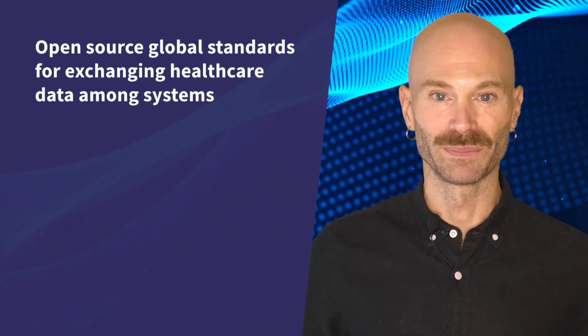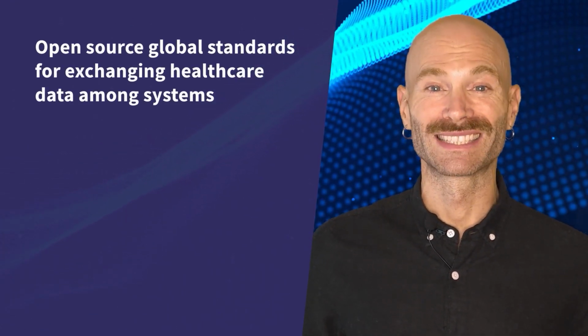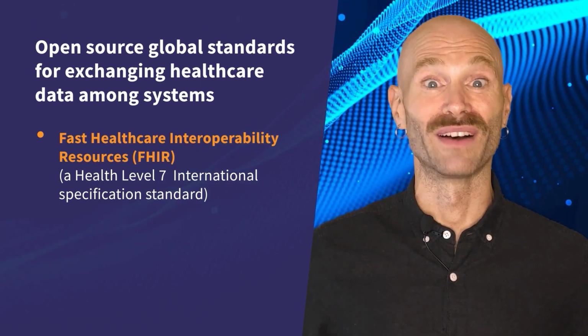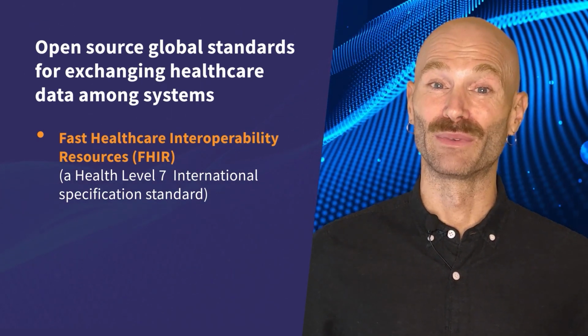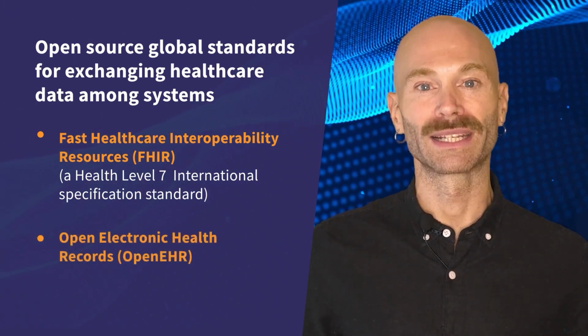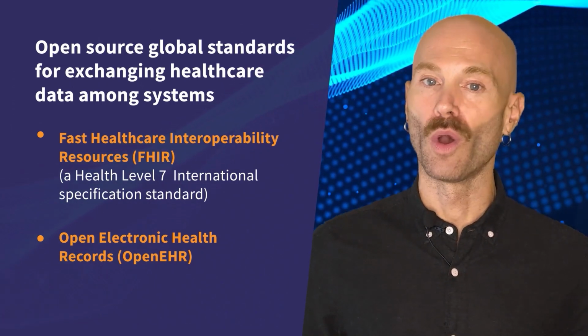In our team, we work with Fast Healthcare Interoperability Resources, commonly known as FHIR, by Health Level 7 International, and with Open Electronic Health Records, or openEHR, both free and open source emerging global standards that facilitate the capture and sharing of clinical data across heterogeneous health information systems.